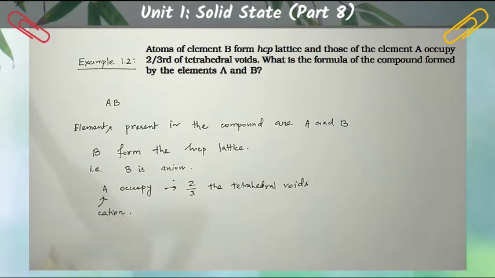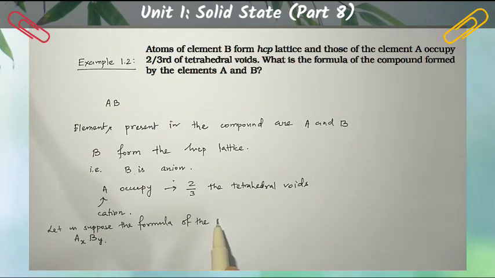Understand? So let us suppose the formula of the compound is AxBy. Here they said that A will occupy 2/3 of the tetrahedral voids.